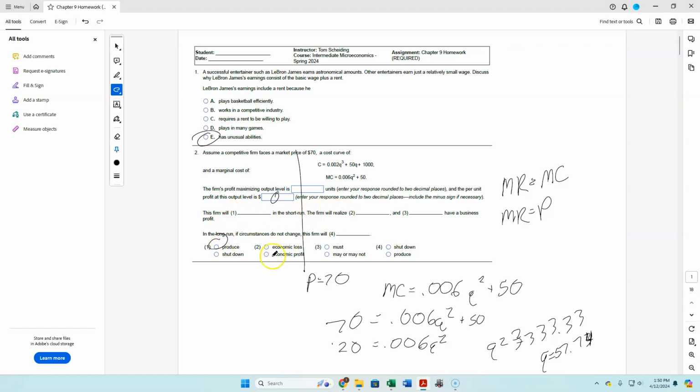The firm will realize essentially economic profit of 0 in the long run, which would mean that the accounting profit, another way of saying business profit, is not negative. And this firm would continue to produce. It wouldn't shut down.